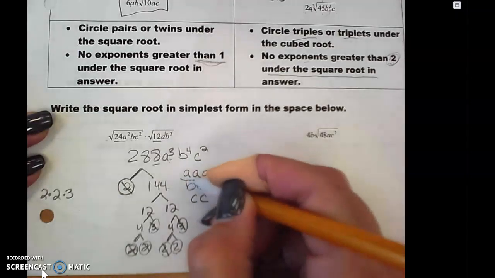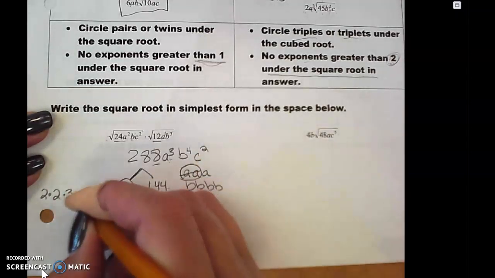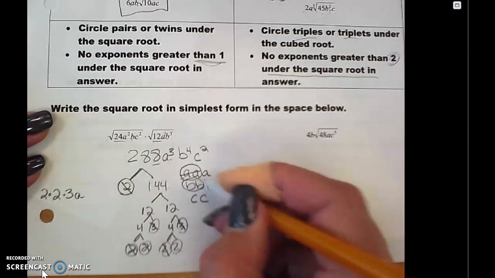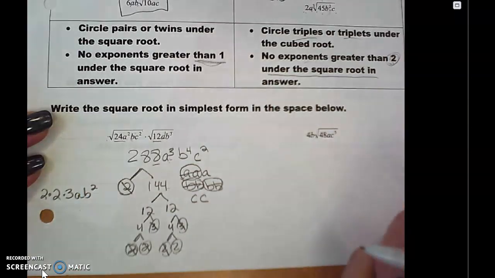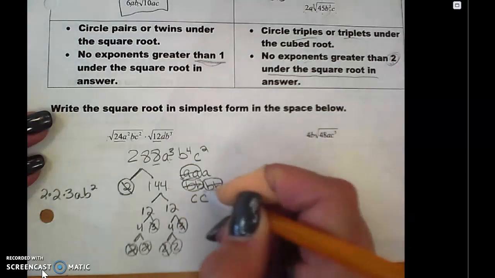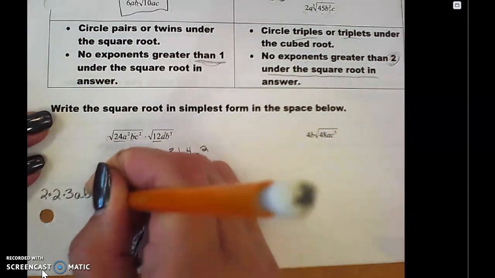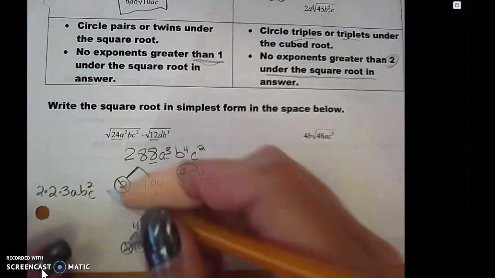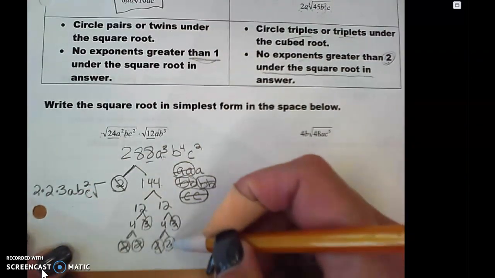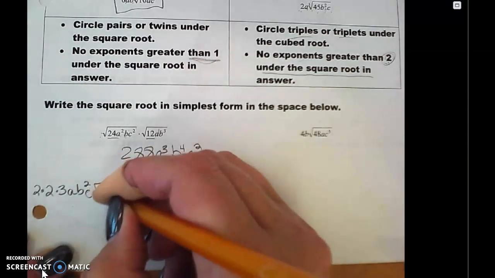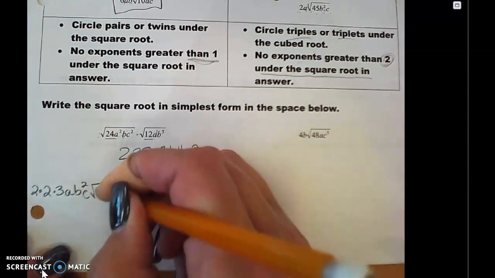Okay, I have a pair of a's that can come out. I have 2 pairs of b's that can come out. So that's going to be b squared, because b times b is b squared. And I have a pair of c's that can come out. Those all come out. Underneath the radical symbol, there's only a 2 for the numbers and an a for the variables.